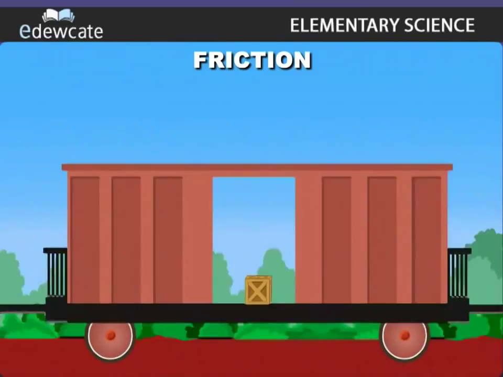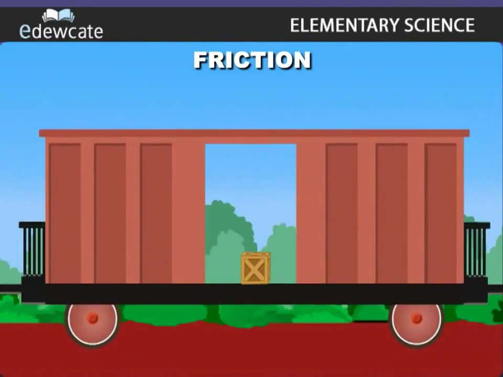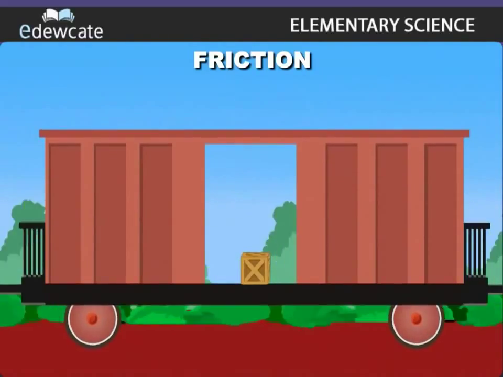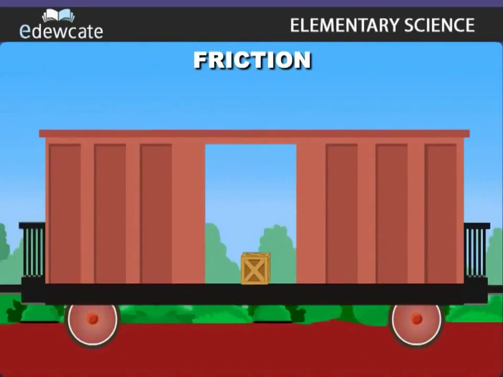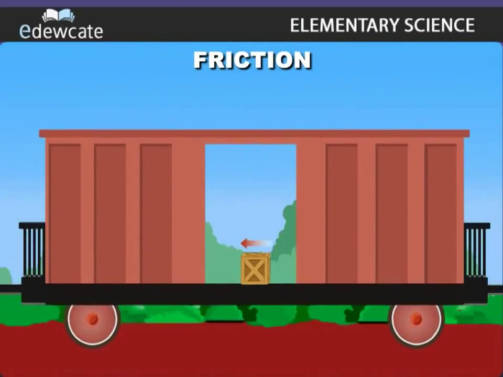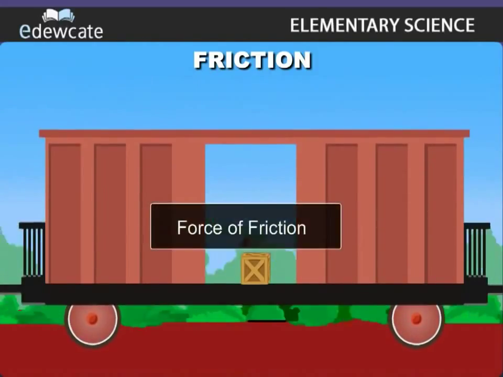Consider a box lying in the compartment of a train that is accelerating. If the box is stationary relative to the train, it is in fact accelerating along with the train. What forces cause the acceleration of the box? Clearly, the only conceivable force in the horizontal direction is the force of friction.